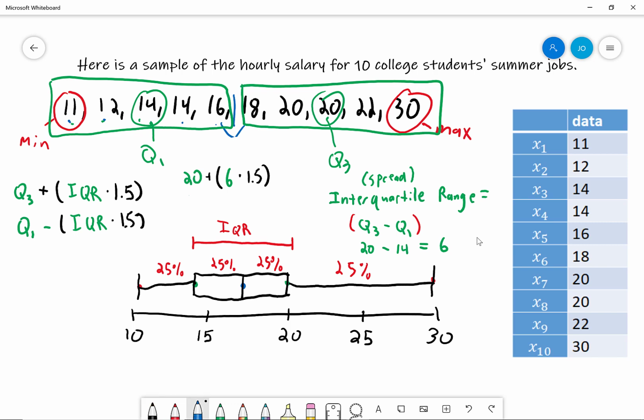If we do this out, we end up with 29. We'll do the same thing for Q1. We'll take Q1, which is 14, and subtract the quantity of 6 times 1.5. And if we do that, we get the value of 5.